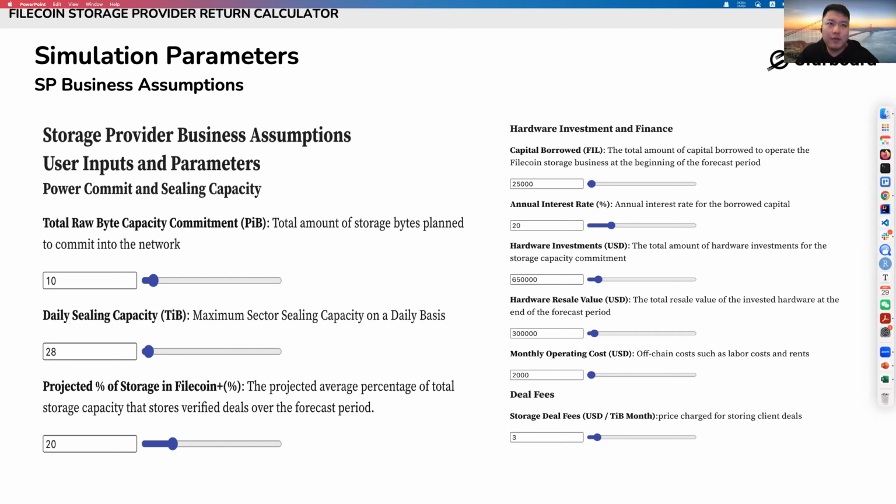Here we provide a bunch of different options for you to express your fiat investment finance structure.